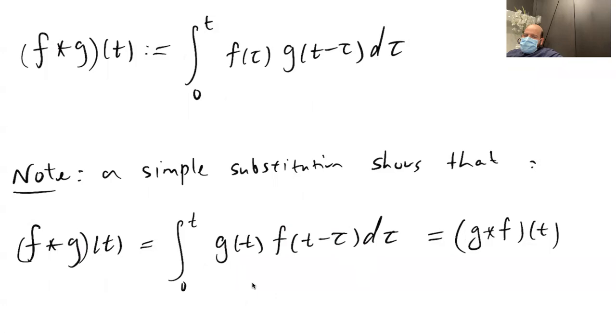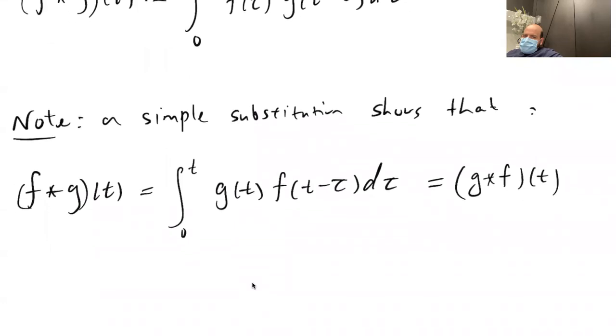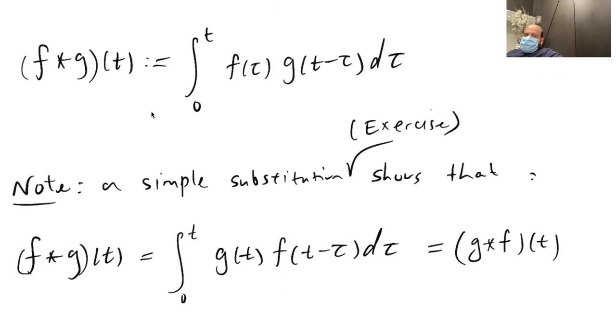You just need to use a simple substitution. I can leave this as an exercise, a simple Math 114 exercise, a simple substitution that shows this is the same as this.